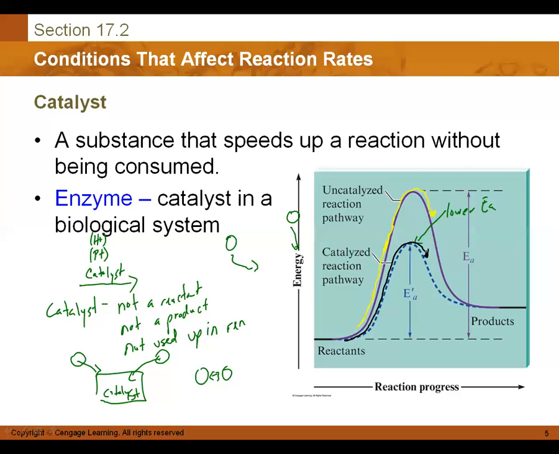So what you're going to get, like I said, is a greater number of molecules that have a sufficient amount of energy to go from the reactants to the products. And the result of that is we will see the rate of the catalyzed reaction be greater than the rate of the uncatalyzed reaction.